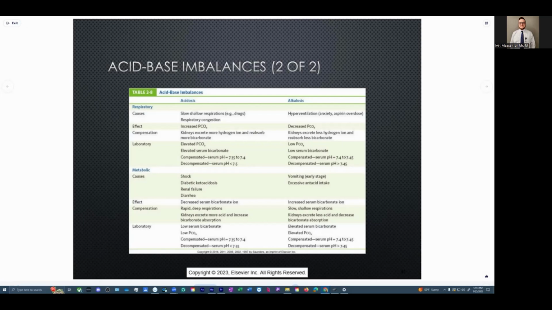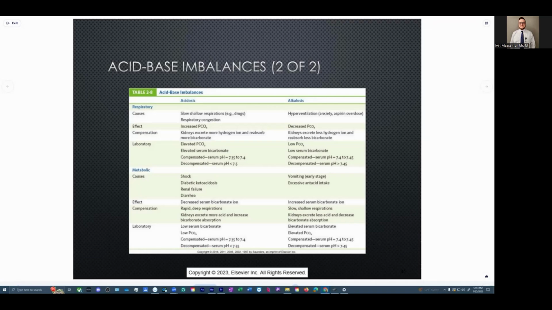So again, acidosis for respiratory, it's going to be shallow breathing, that sort of stuff. So my CO2 is increasing, therefore causing respiratory acidosis.